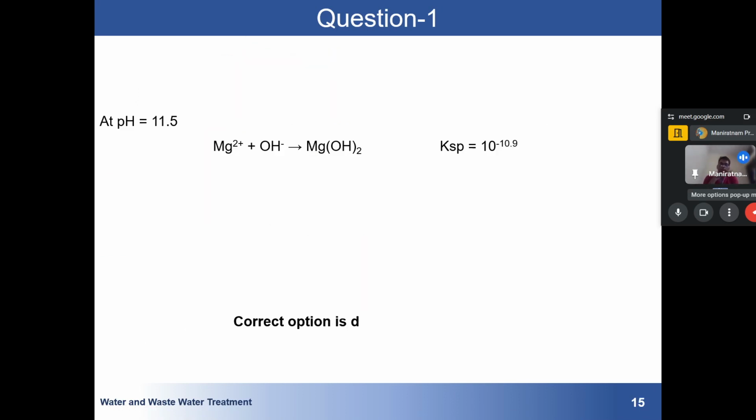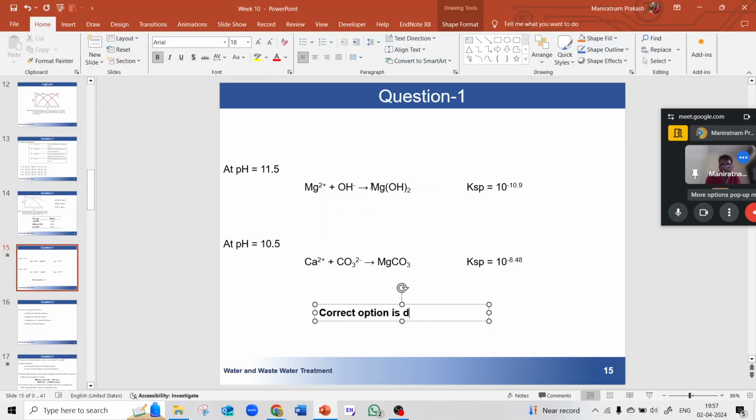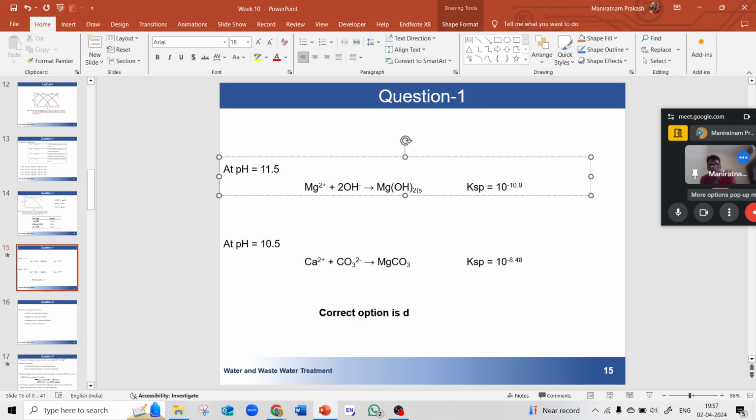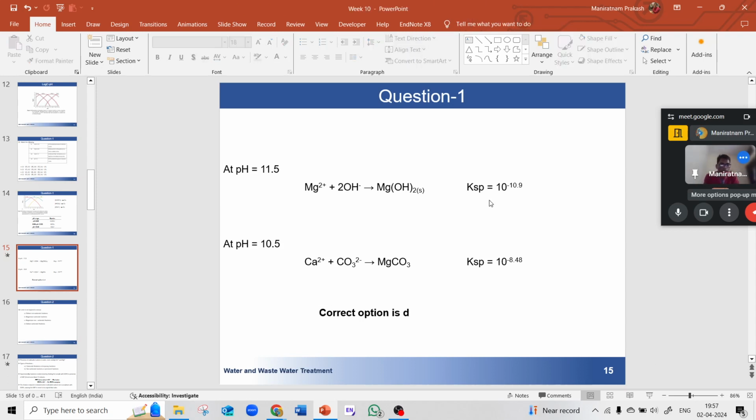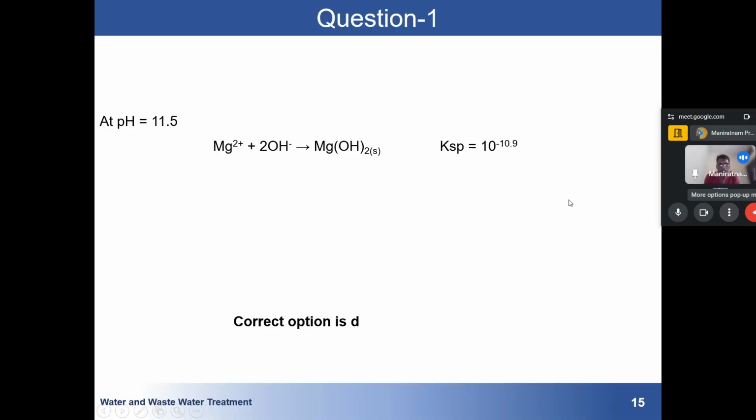At pH 10.5, the concentration of OH minus is very high, and OH minus has a tendency to react with Mg to form a solid. Mg will react with the OH minus present in the system. I have written it wrongly. Always make sure to write your reactions in a very scientific way, because if someone is checking you, it matters.